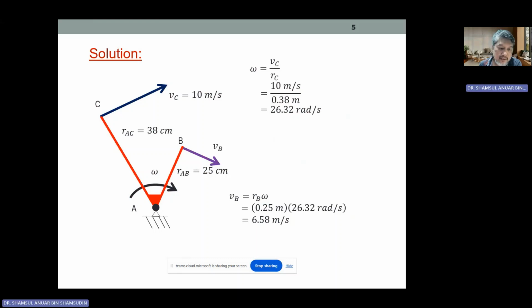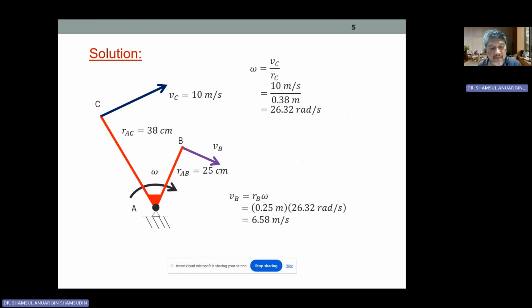The link is the straight line between the tail and the tip of the link. In this case, between A and C, VC must be perpendicular, or 90 degrees, whereas VB is perpendicular to RAB, or the link A to B.